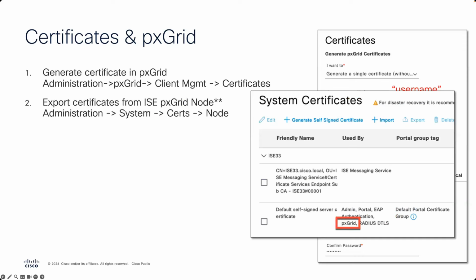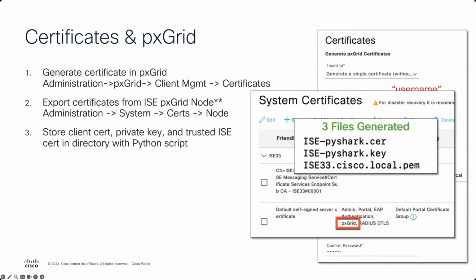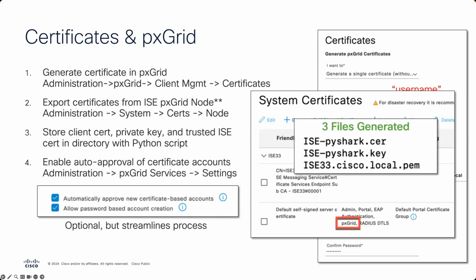In the administration system certificates, I would be able to see the node the pxGrid service is running on, in my case, an ISE 33 node. I export that node's certificate, and I now have 3 files. Those 3 files are all I need to work with this Python script I'm going to show you. But the other optional setting you can do is turn on automatically approves new certificate-based accounts.